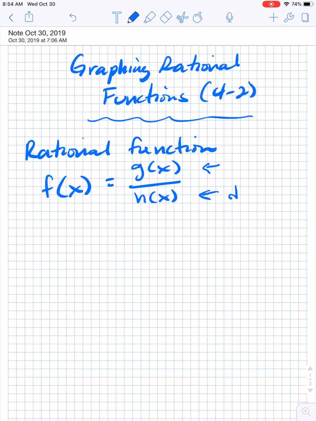Because we have a function in the denominator, we end up with some very interesting graphs. Because we have this function in the denominator, this actually changes a lot of things. And because it's set as a fraction, this numerator also changes the way that this function works. So your rational function is not going to look like either of your functions in the numerator or denominator. It's going to be something completely different.